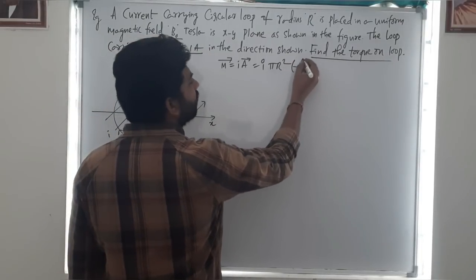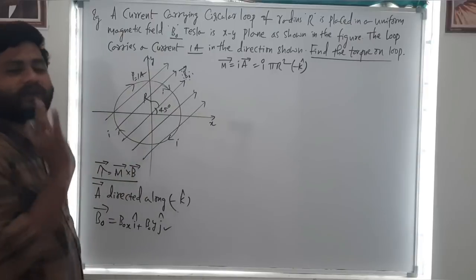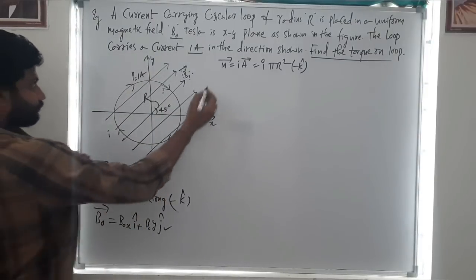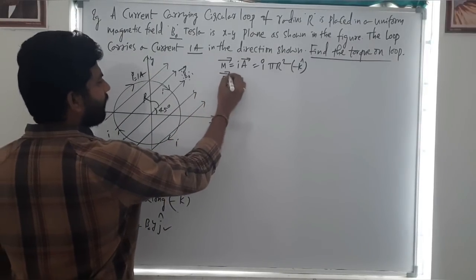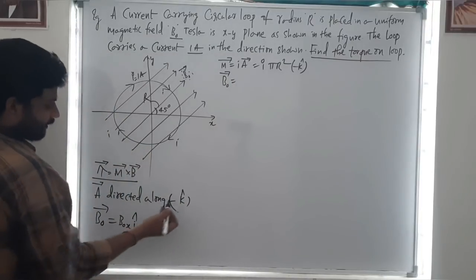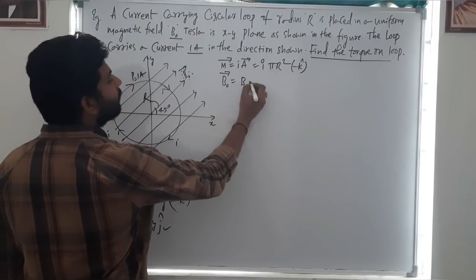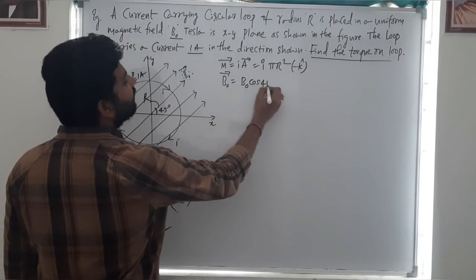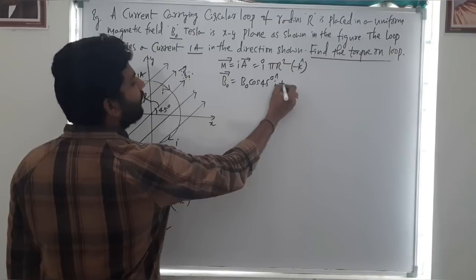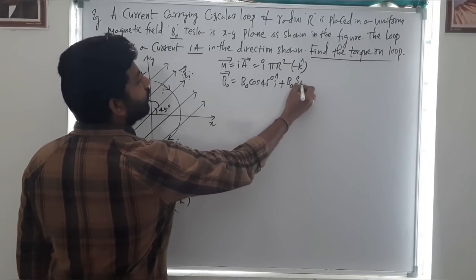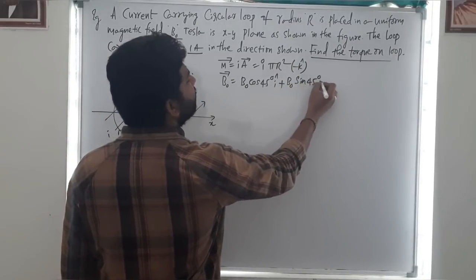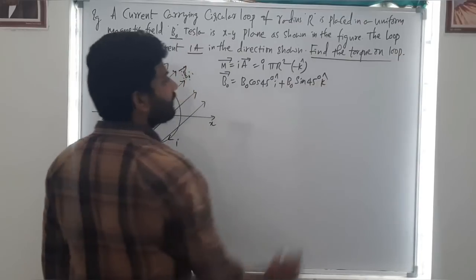So this is the area vector; we have got the magnetic moment. And B naught bar is equal to B naught x i cap plus B naught y j cap, that is B naught cos 45 degrees i cap plus B naught sin 45 degrees j cap. Is it clear?